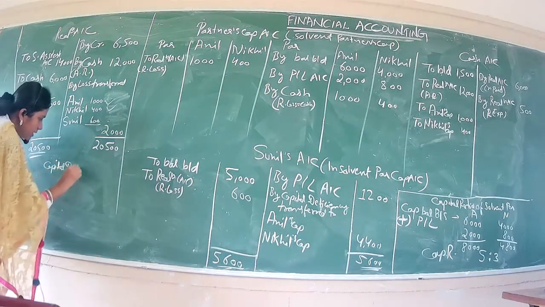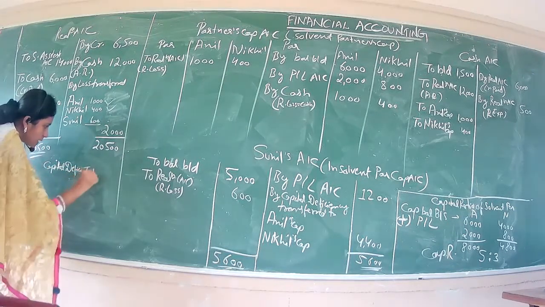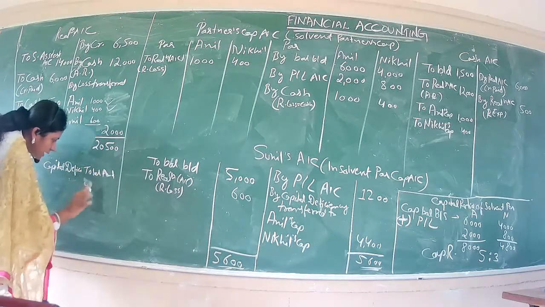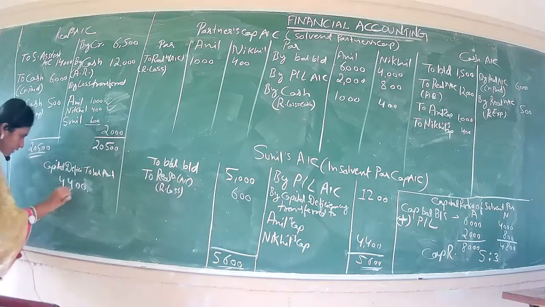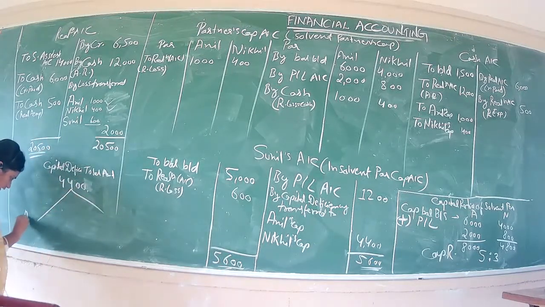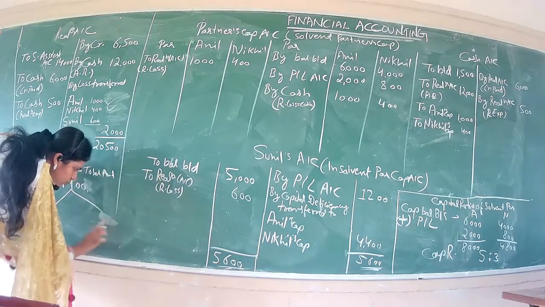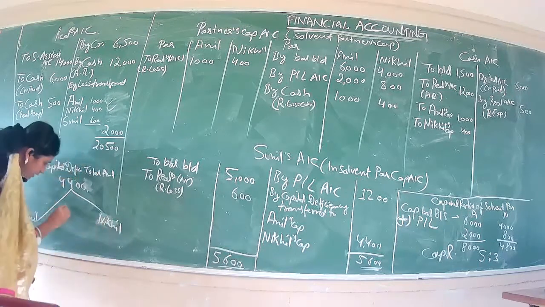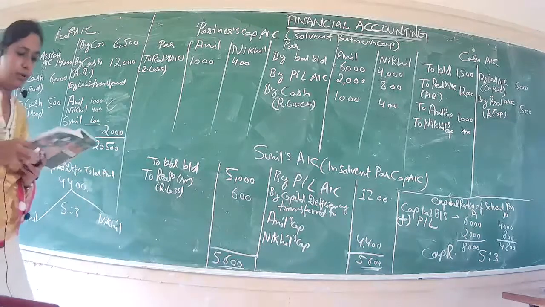Capital deficiency, total amount is 4,400, which we have to divide between Anil and Nikhil in the ratio of 5:3.